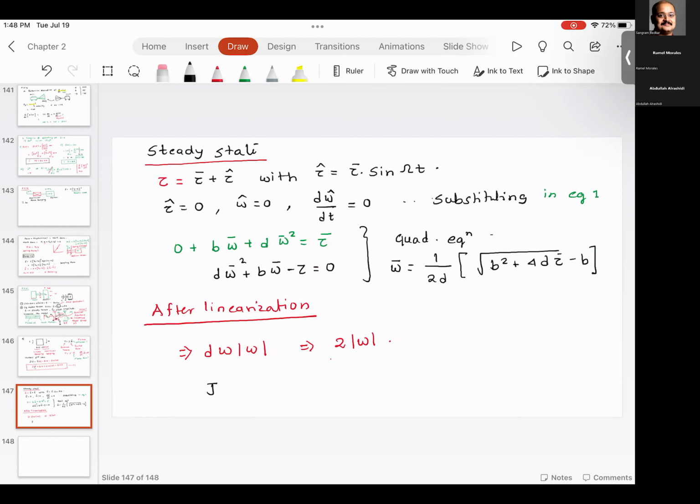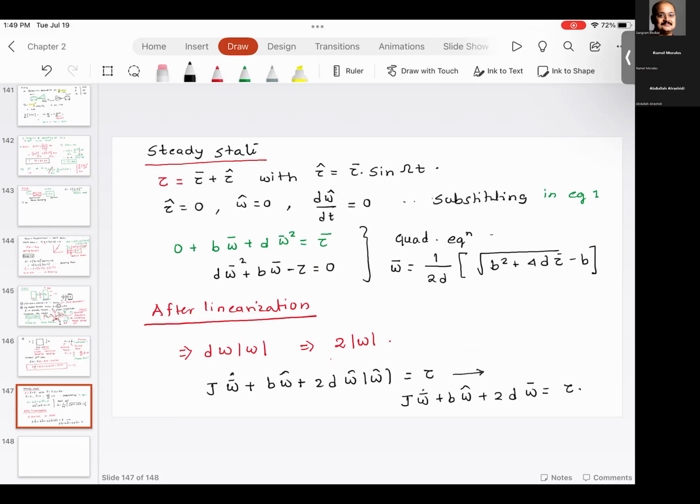I would get j omega dot plus b omega plus b omega squared is equal to tau, which can be linearized as j omega bar plus b omega hat plus 2 times d times omega bar is equal to tau.